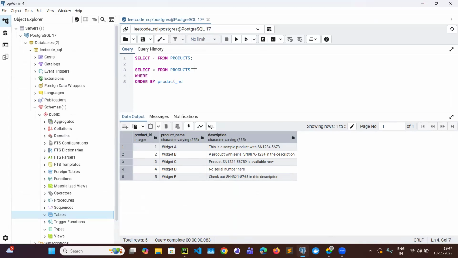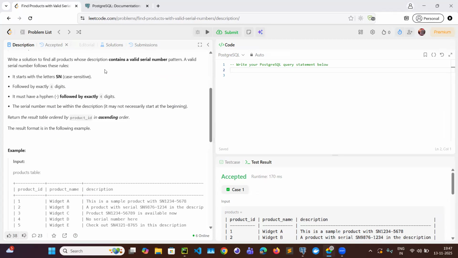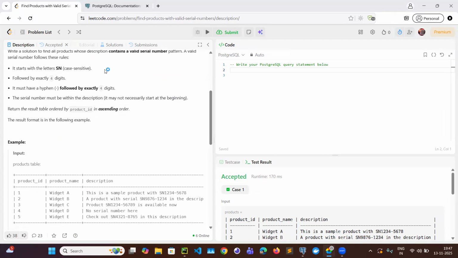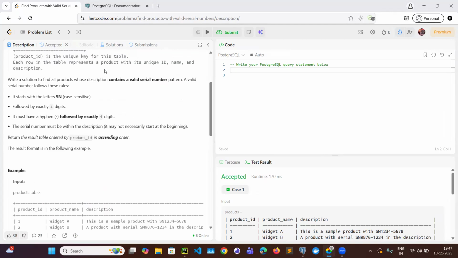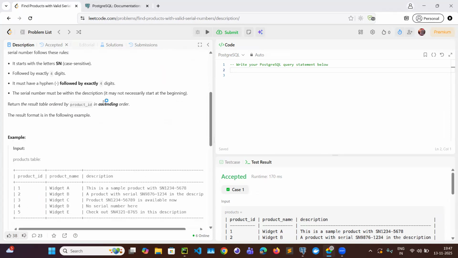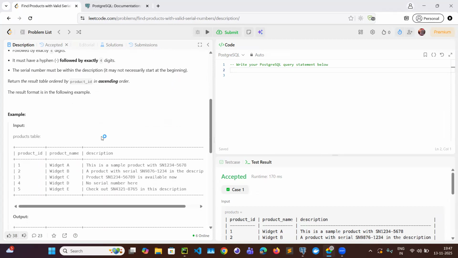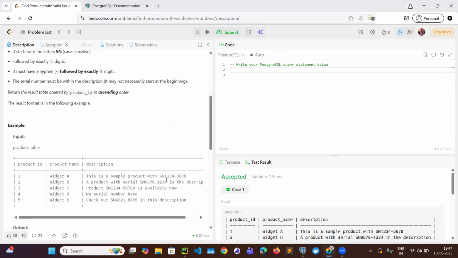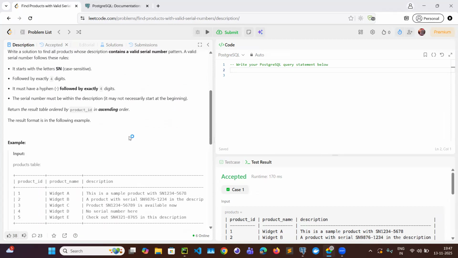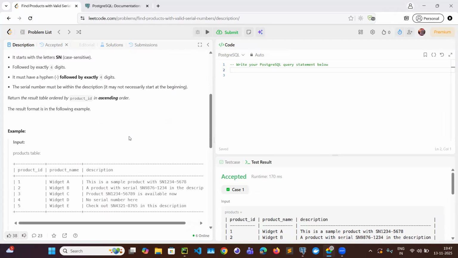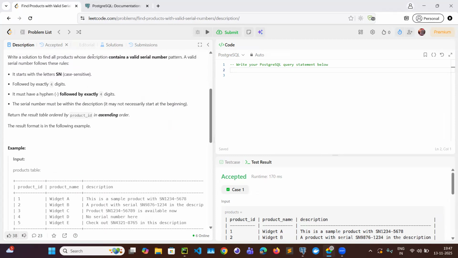By looking at the question, whether you know anything or not, it automatically comes into your mind that some kind of regular expression function or syntax is required, right? Because they have mentioned the description contains.